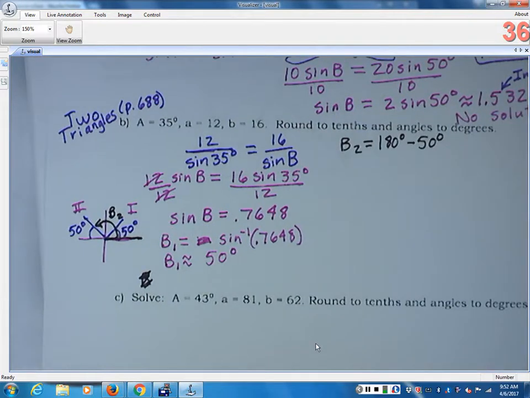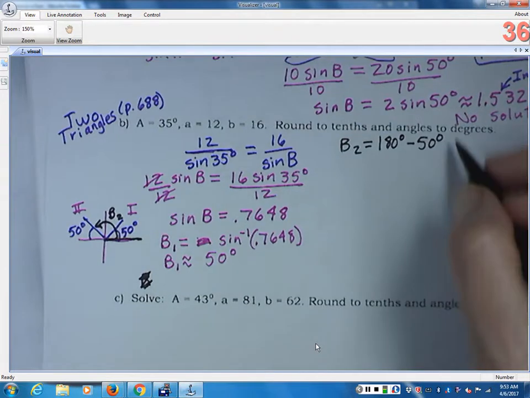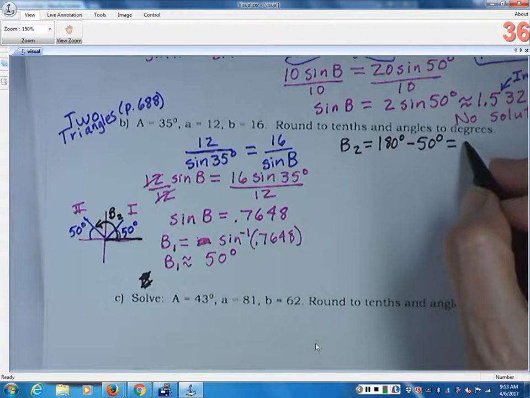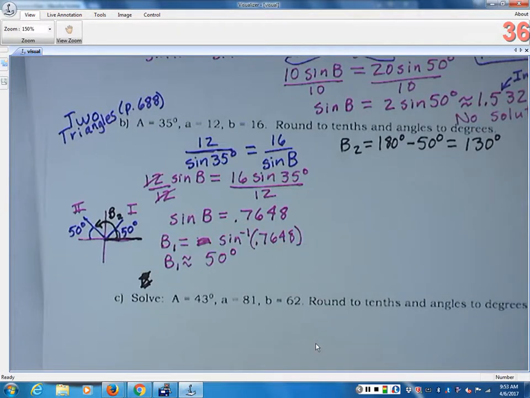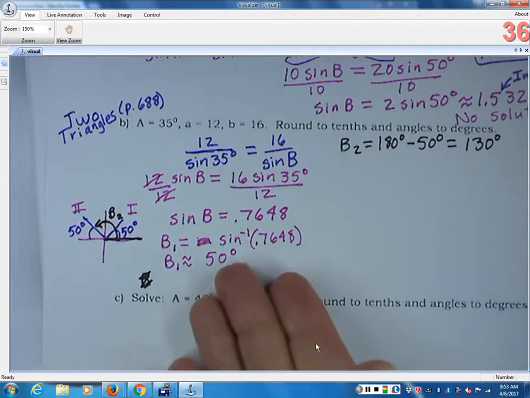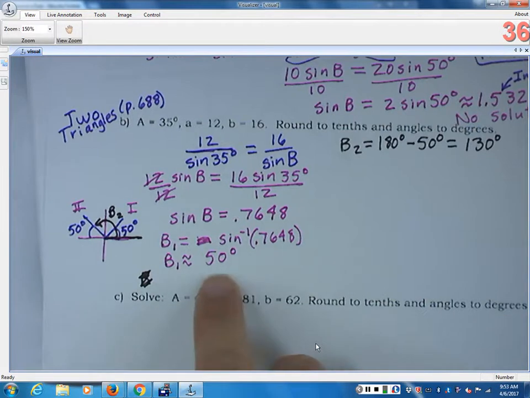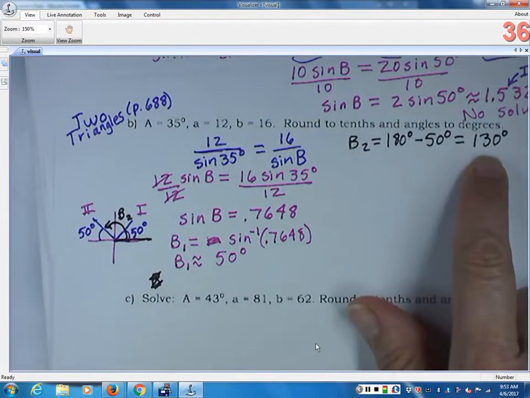Oh, I'm looking at part C. 130. Okay. So we have a possible triangle with 50 degrees, and then another possibility at 130.